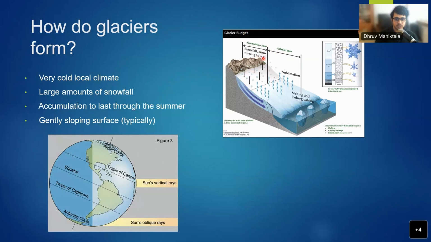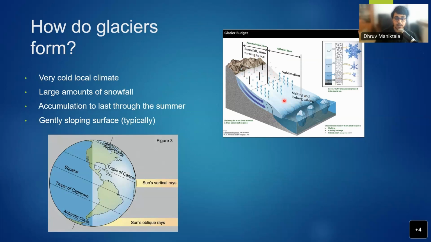The snow crystals change and get densely packed with time. So the lower layers get more and more dense, and the air between them decreases. At one point, the snow packet starts to become thicker, and because of the gravity and the mass of the glacier and the slope, it starts moving downwards.